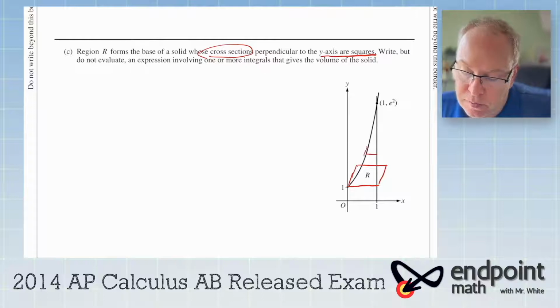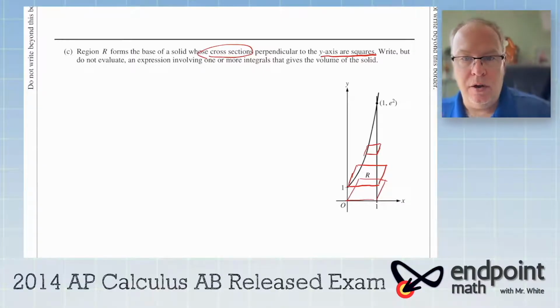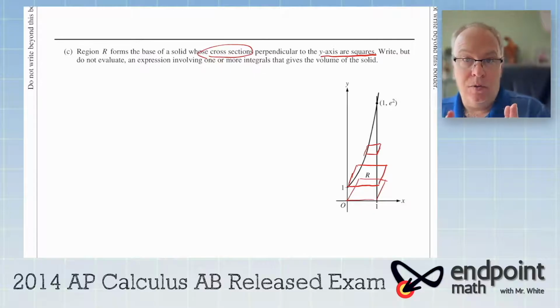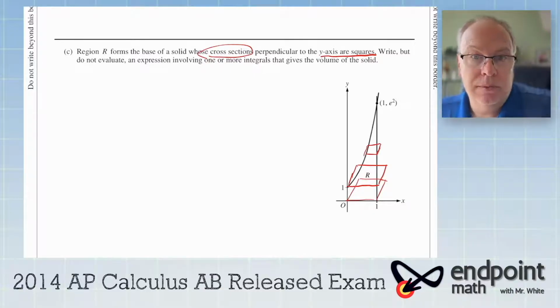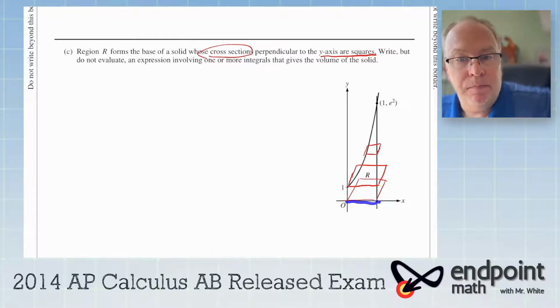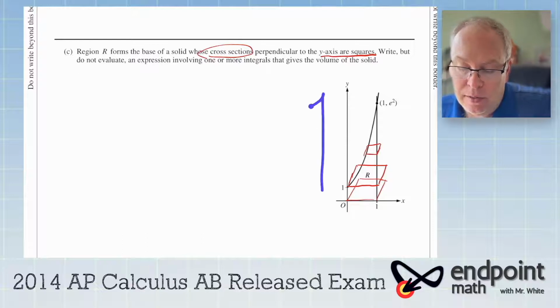So this is sort of shooting up like that, and down here we have another square kind of like that. These are squares that are going up in a three-dimensional way. So how do you find the area of a square? It's just side squared, side times side. If we could figure out this side, then we just square it. That would give us the area. And then, of course, we integrate it over the entire thing.